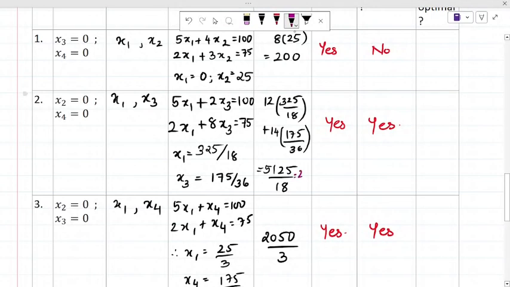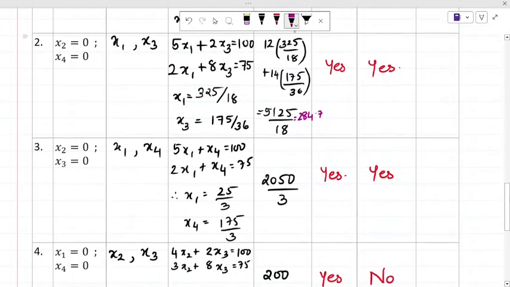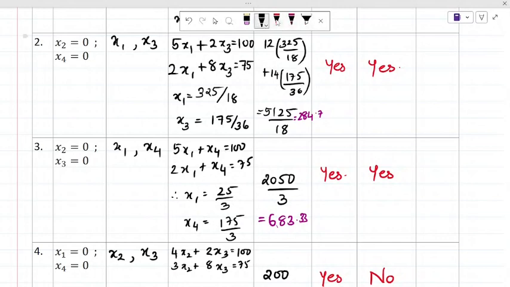So this is 284 point something something. Okay, and here 2050 divided by 3, this is 600 and something, 683.333. So obviously this is the maximum answer because we wanted to maximize this.